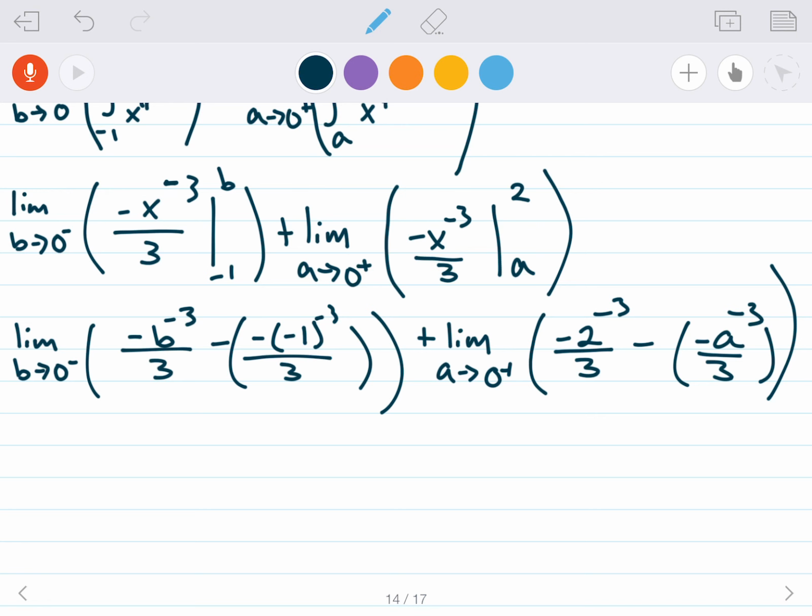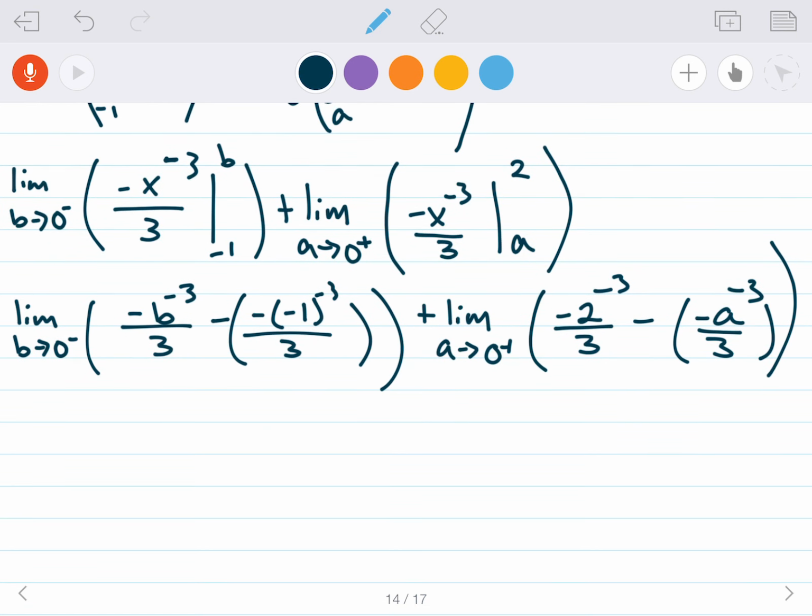And let's see what is happening here. I can clean this up, so let's actually clean this up as much as we can before we start evaluating our limits. On the inside here, I have negative 1 over 3b to the third. I like to have that variable in the denominator to see if this thing goes to 0.